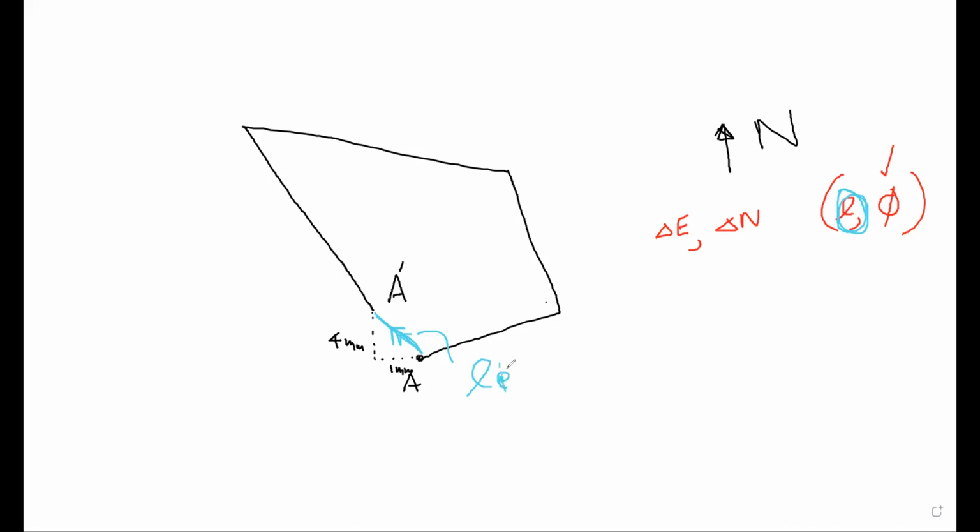So this is called the linear misclosure. Linear means length measurement. Linear measurement means, in surveying, we call it length or distance. Right? So this is linear misclosure.